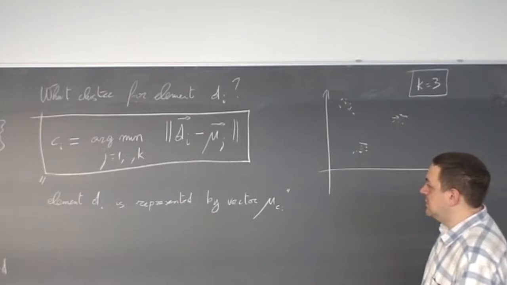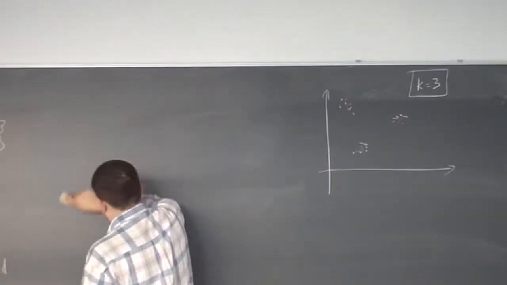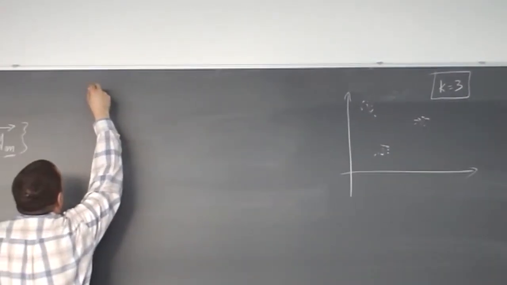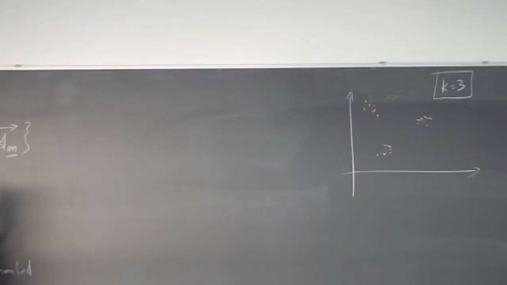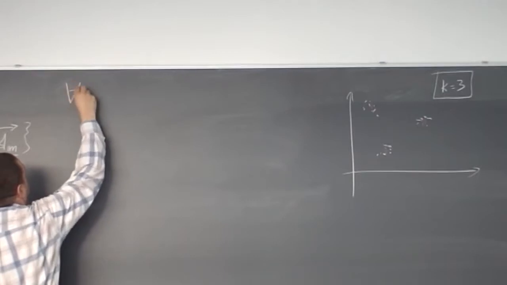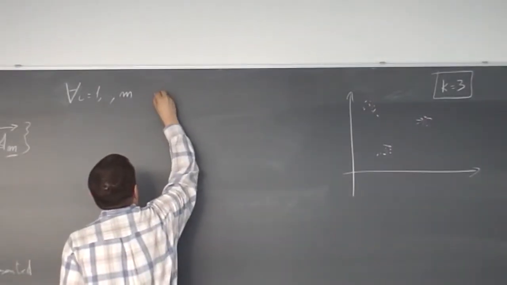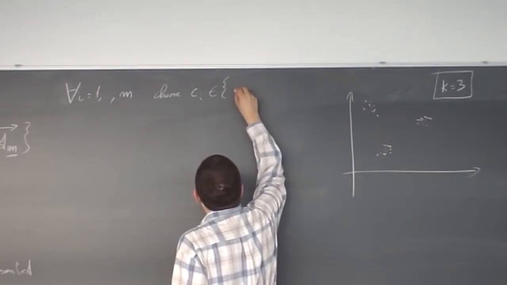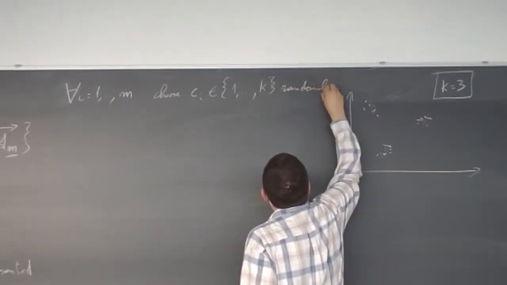Let's start here. For every element, we choose Ci in 1 to K in a random way.